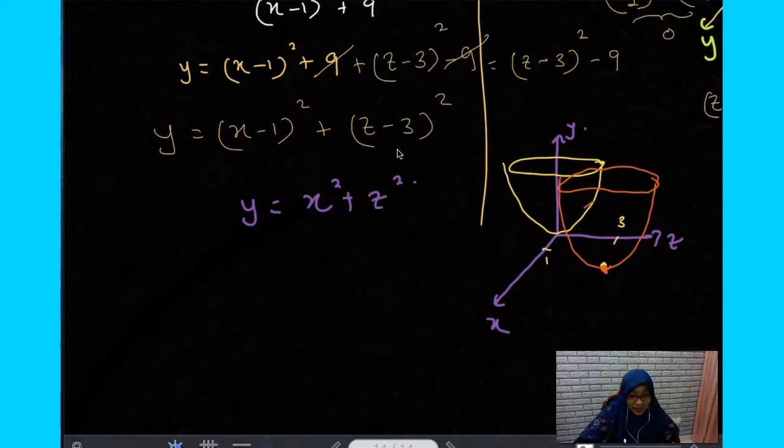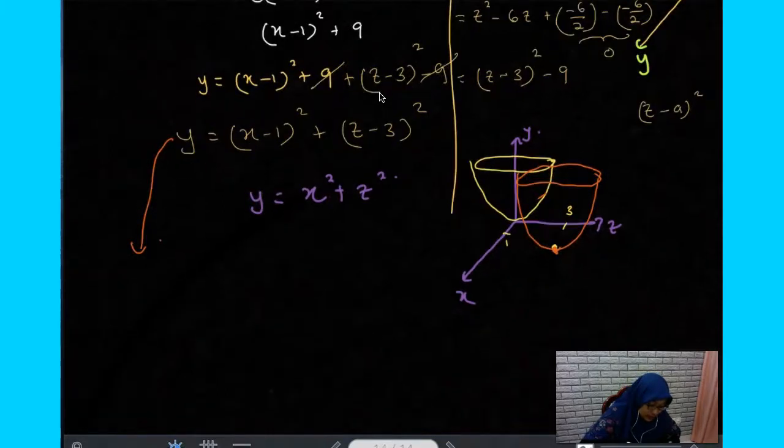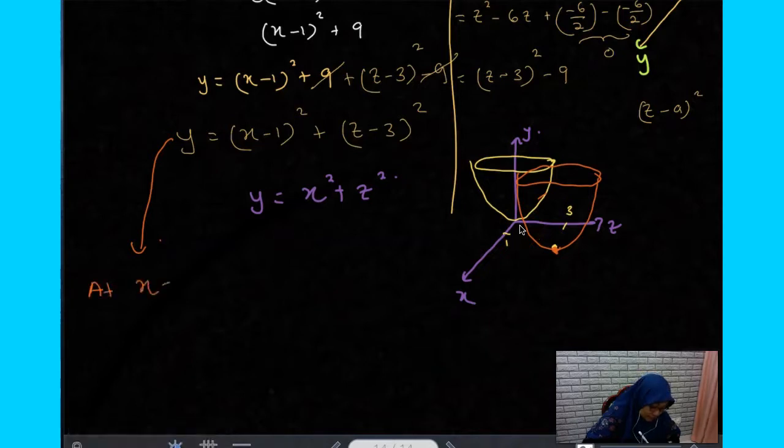That is our expectation. But we have to refer back to the step. Then you have to provide 3 traces. So the 3 traces means, in this case, you cannot use x equal to 0, z equal to 0, because your ball now is shifted to x equal to 1 and z equal to 3. So you have to put x equal to 1.